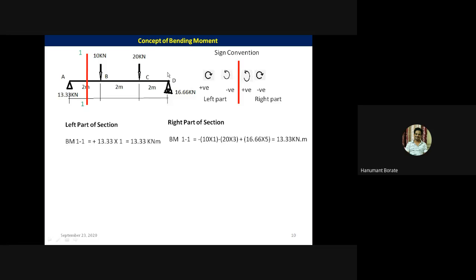This moment is acting in an anti-clockwise direction, so I have taken the positive sign as per the sign convention, and the distance is 5 meter. If we do the calculation, we'll get the answer 13.33 kilonewton-meter. Now check the left part answer and the right part answer, both answers are the same.